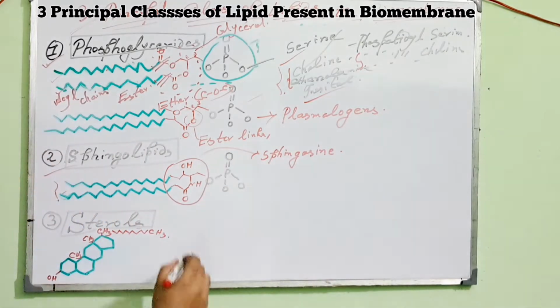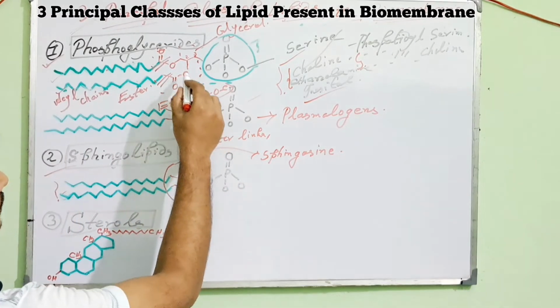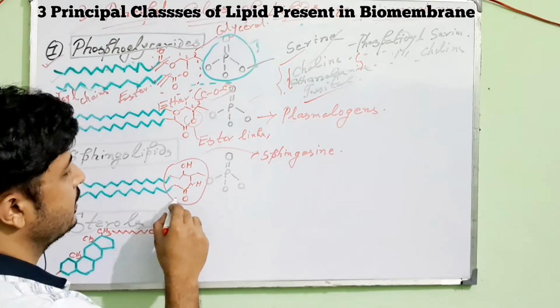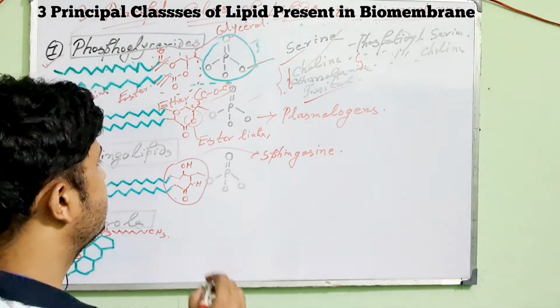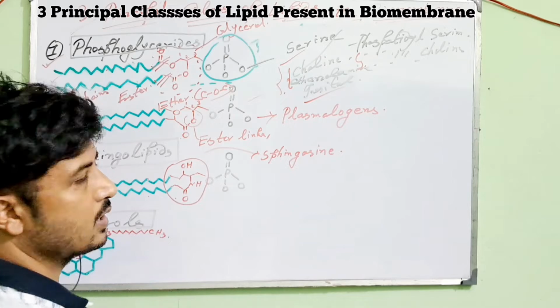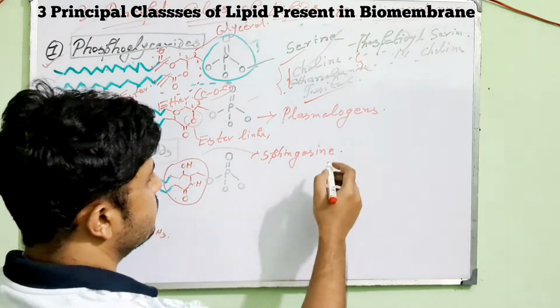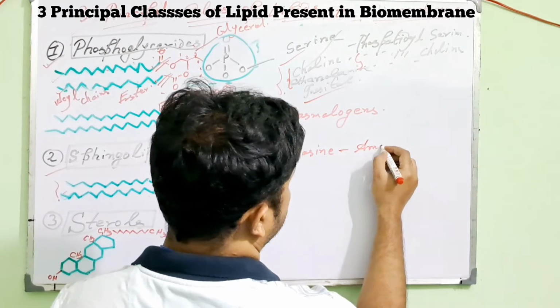Okay, so sphingosine. Here it was glycerol, but in this class of lipid, two acyl chains are attached with sphingosine. Sphingosine is an amino alcohol.